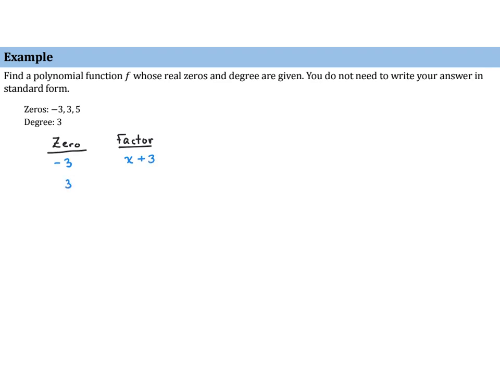If 3 is a 0, then x minus 3 would be a factor. And if 5 is a 0, then we would have x minus 5. So f of x would equal x plus 3, x minus 3, x minus 5. Now if you notice, if we multiply this out, the degree would be 3.